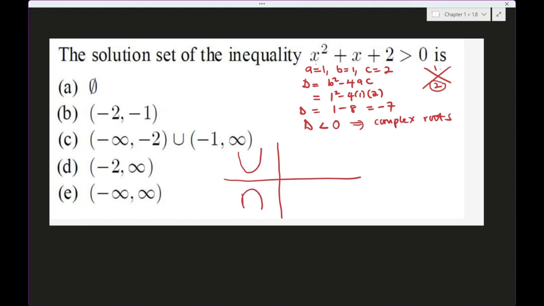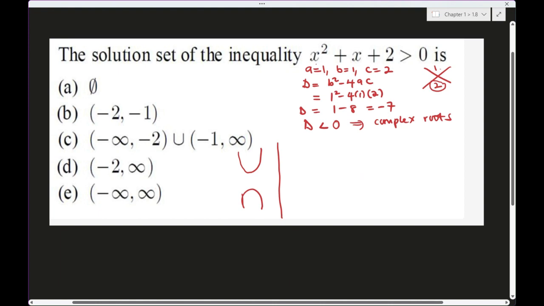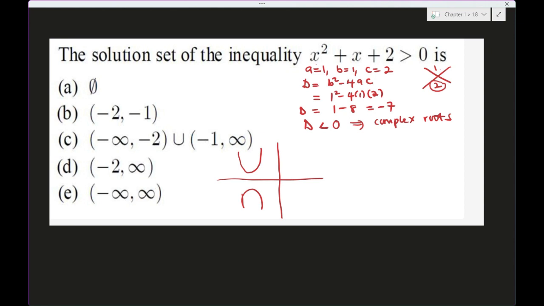We don't know which yet. It's going to look like this maybe. So the best thing is for us to graph it and see how it actually looks. But we are sure that it will not cross the x-axis because the discriminant is less than 0. The roots are complex.